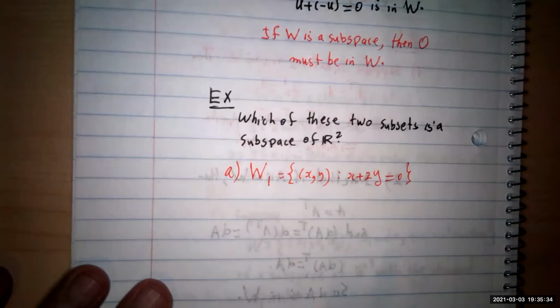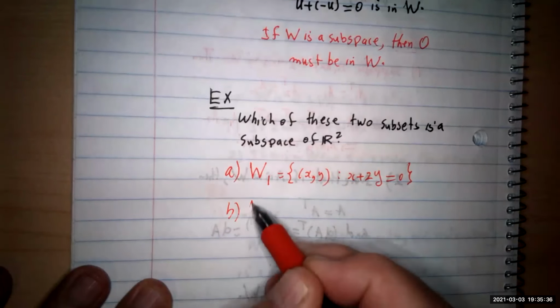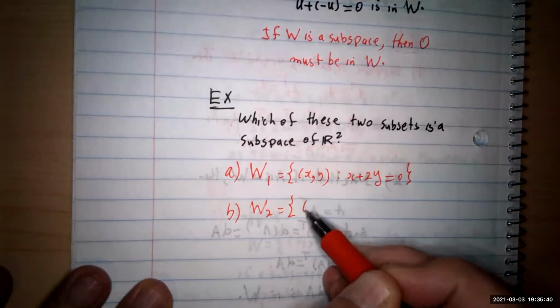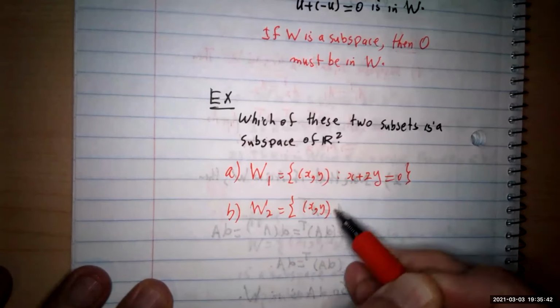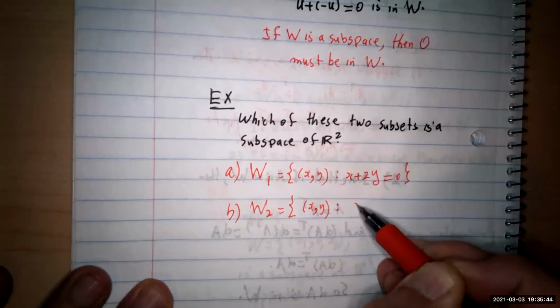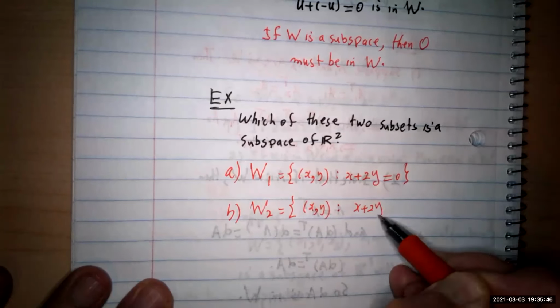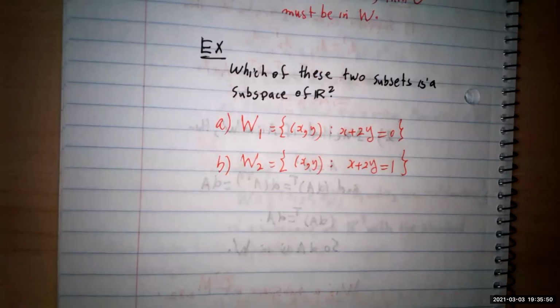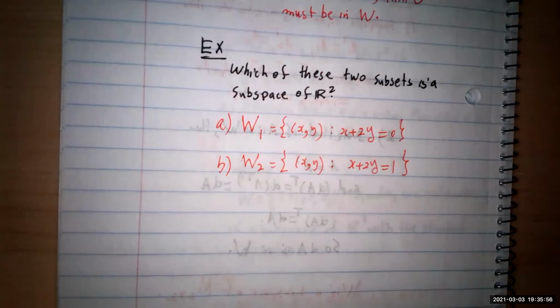That's the first one. The second one, the members are X comma Y with the condition that X plus 2Y is equal to 1. You consider all the points that satisfy this condition, and you want to see if this is going to be a subspace, or the second one.